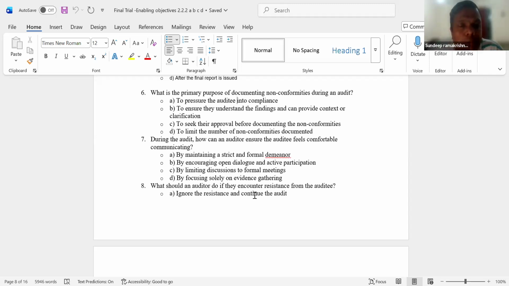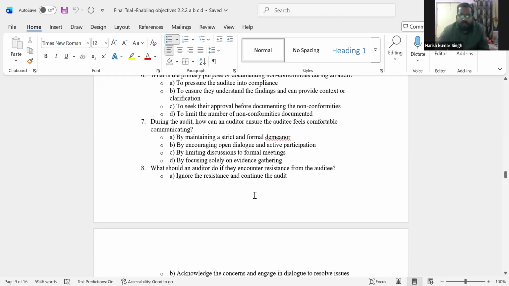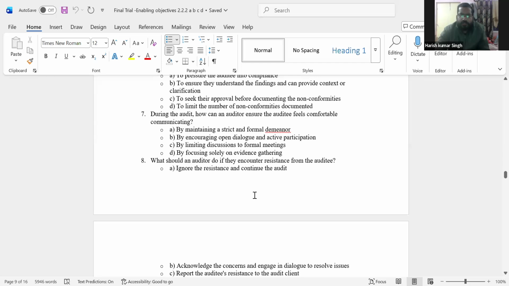Right, good answer. Anybody, any other answer? Seventh. During the audit, how can an auditor ensure the auditee feels comfortable communicating? A. By maintaining a strict and formal demeanor.